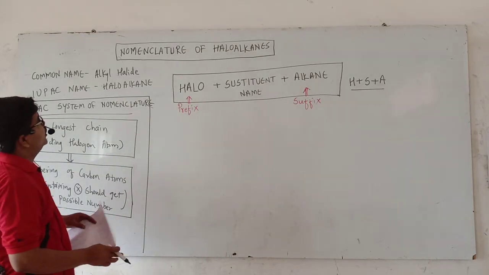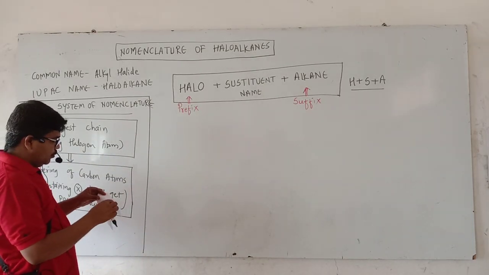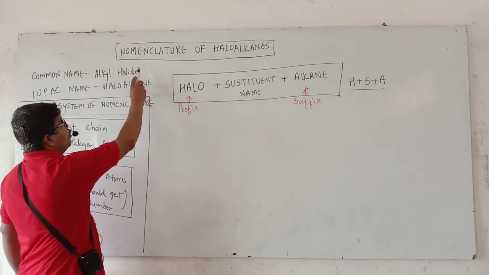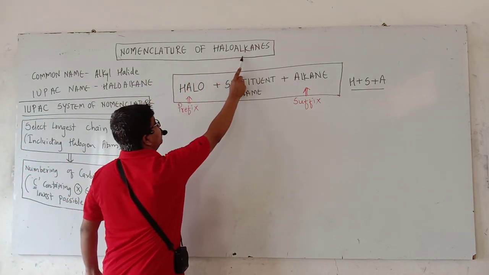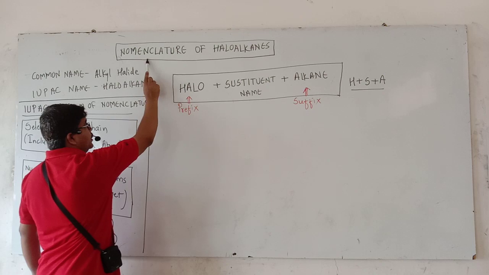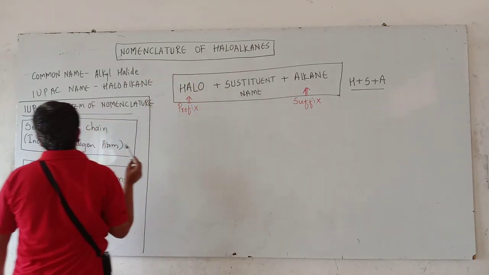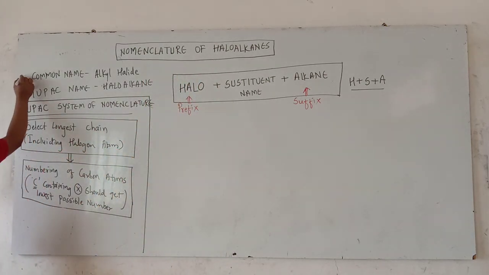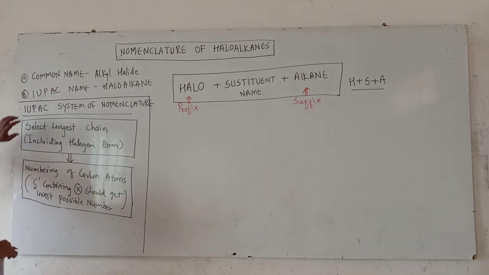Hello students, in today's session we are going to study nomenclature of haloalkanes. Nomenclature we can do in two ways. We can write the common name or we can write the IUPAC name.